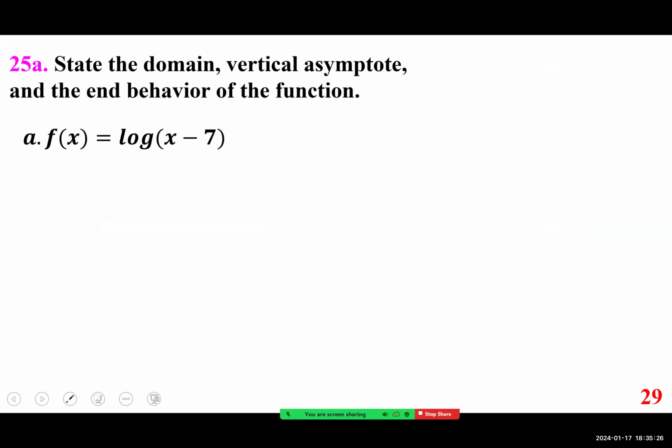State the domain, vertical asymptote, and the end behavior of the function. Now, exponential functions, generally speaking, they give us horizontal asymptotes. Logarithmic functions in general, they give us vertical asymptotes. So log x has a basic graph. Let me just remind you. Again, obviously, this is not to scale.